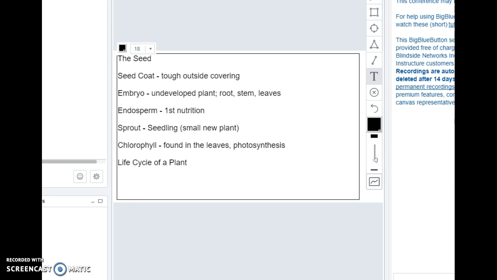The items required for photosynthesis are sunlight and carbon dioxide. This is the air that we breathe out. We breathe in oxygen and breathe out carbon dioxide, and plants will take in this carbon dioxide and give off oxygen. So they need carbon dioxide, and they need water.